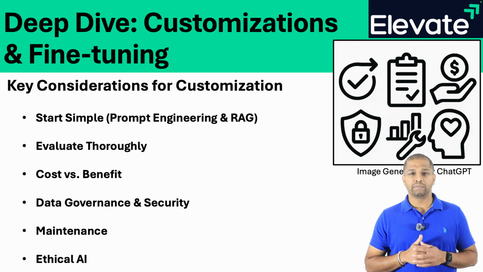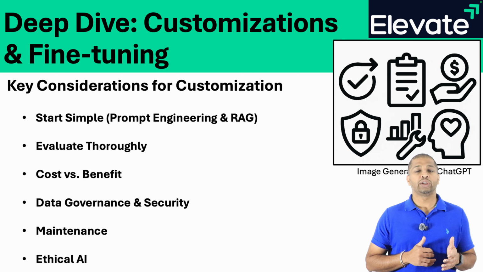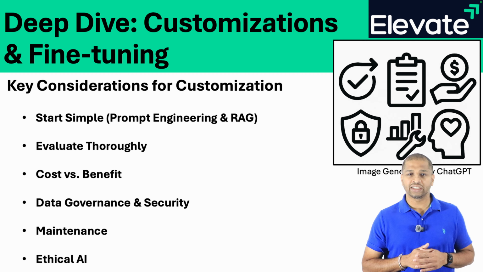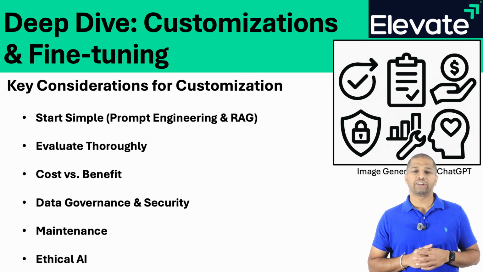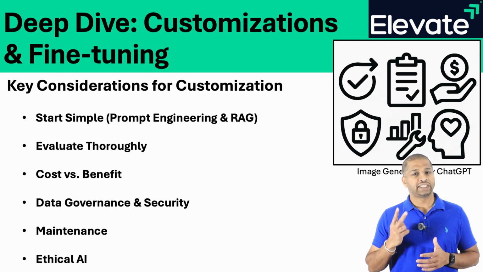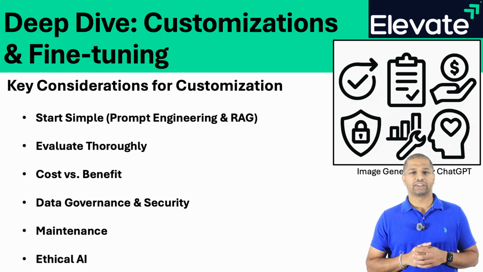First, start simple. Often, robust prompt engineering combined with a well-implemented RAG system can achieve excellent results and is far more cost-effective than immediate fine-tuning. Second, evaluate thoroughly.